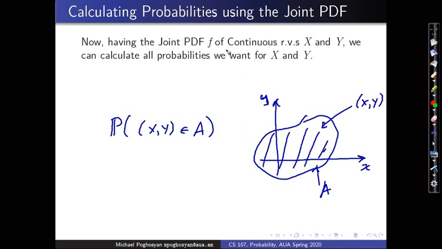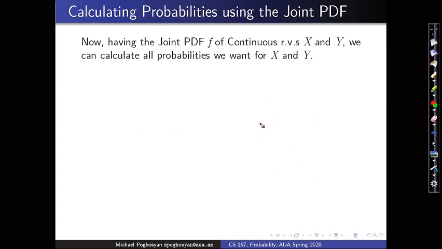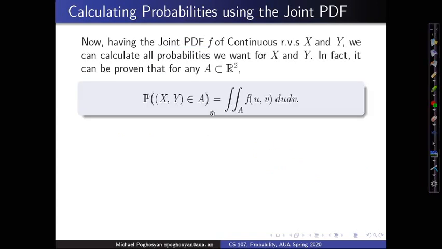And having joint PDF is a very handy tool to calculate this kind of probability because of the following formula. If we want to calculate the probability that (X, Y) is in A, we are double integrating over that A our joint PDF f.